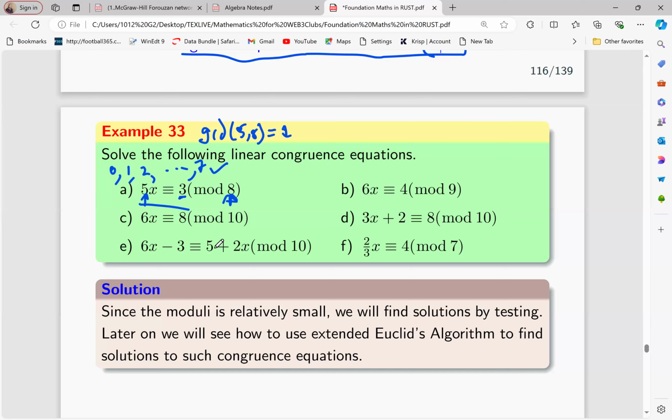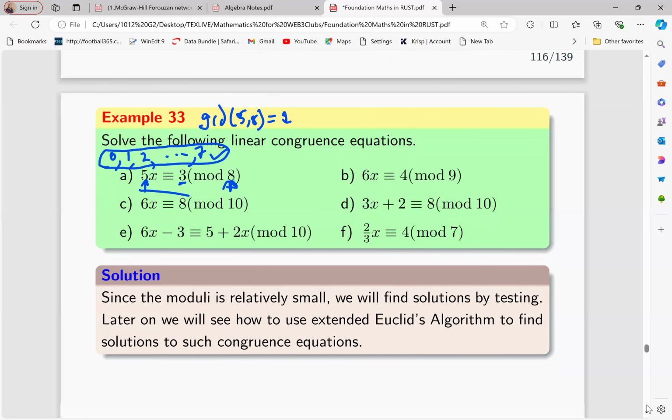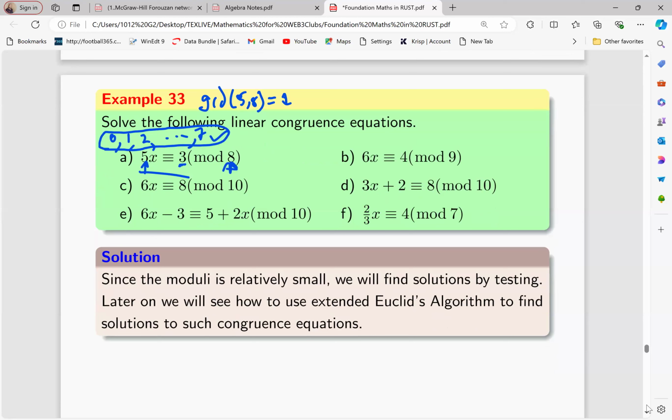We just need to test and find out which one of these numbers is the solution. We've already said it has one solution, and you've seen why. So when you are writing the Rust code for this, that is what you write. The Rust code must first determine the GCD of 5 and 8, and also determine if that GCD can divide the number here.